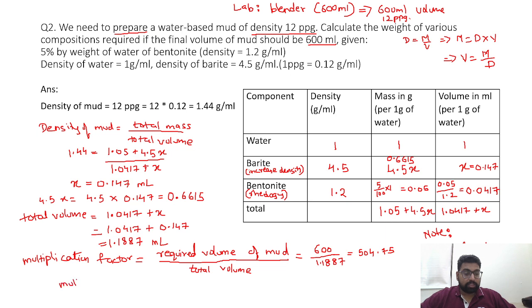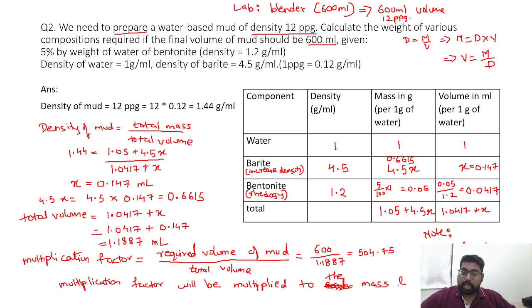Now what we need to do is this: the multiplication factor will be multiplied to the mass and volume of each component.